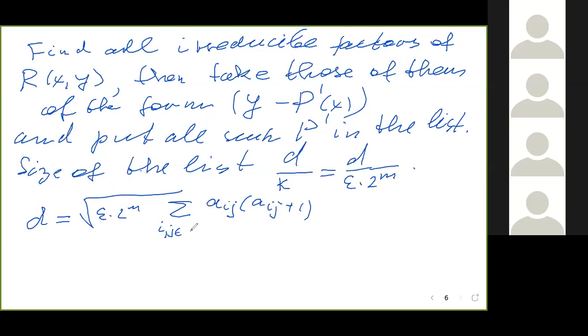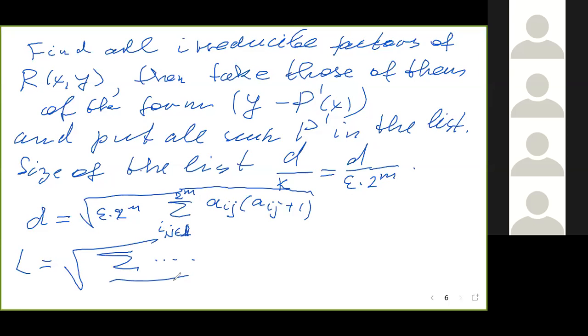So ij ranges from 1 to 2 to the m. So this is a large sum. And the size of the list is equal to d over k. So the list size will be this sum over epsilon 2 to the m.